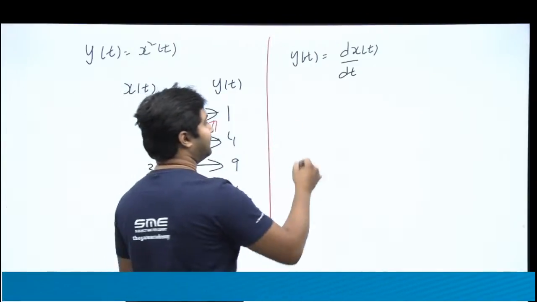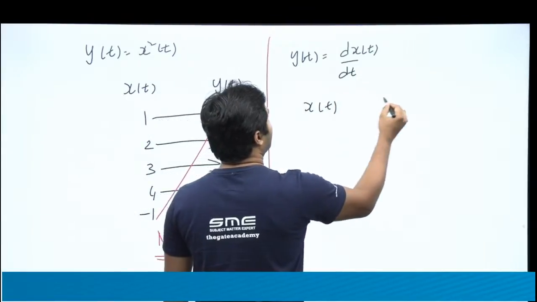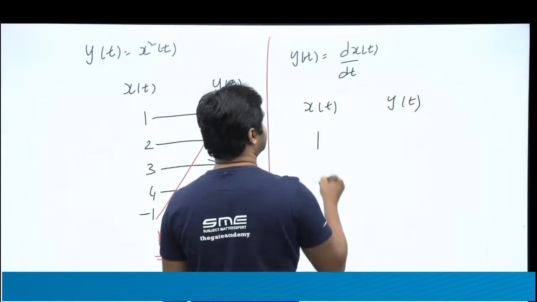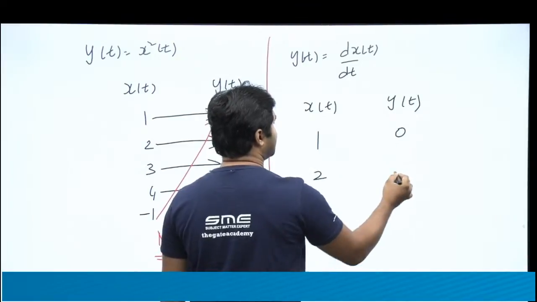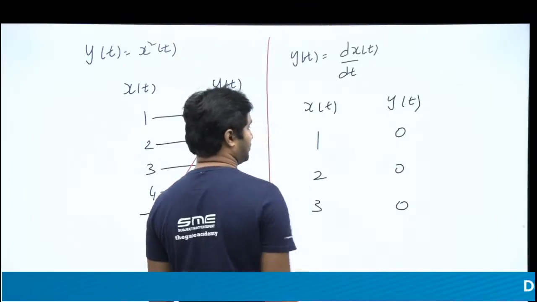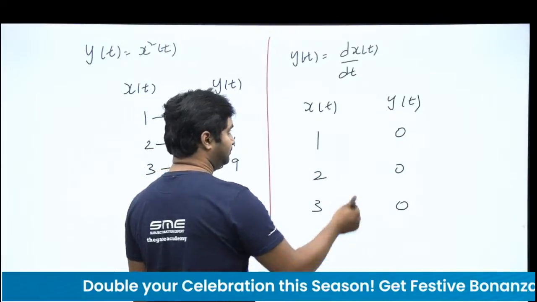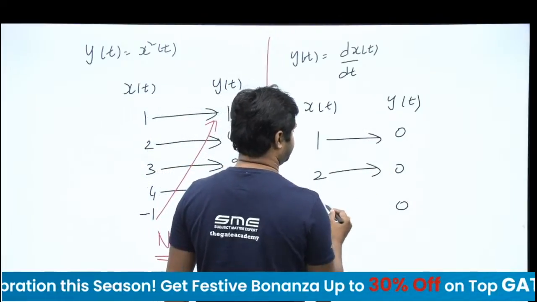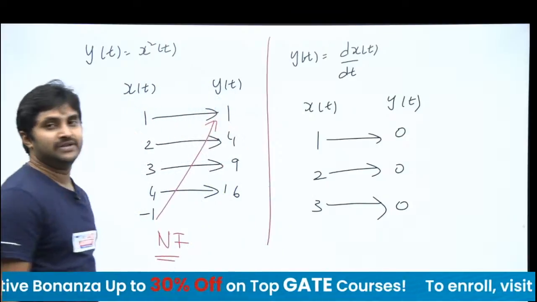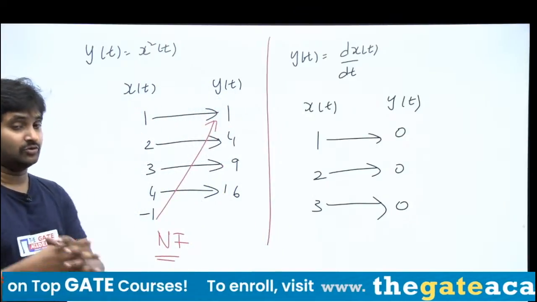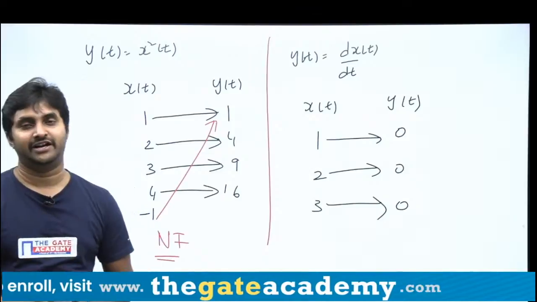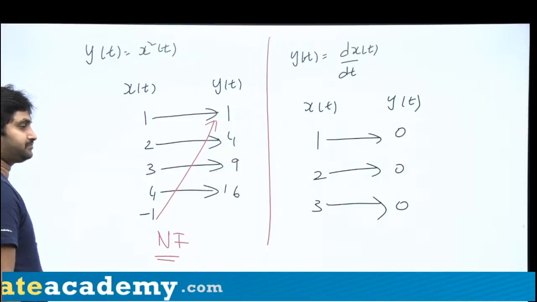Please check here. For x of t, if I give 1, y of t is 0. If I give 2, it is 0. If I give 3, it is 0. Because the derivative of a constant, whether it is 1, 2 or 3, is always going to be 0. Basically, the derivative is going to kill the information.